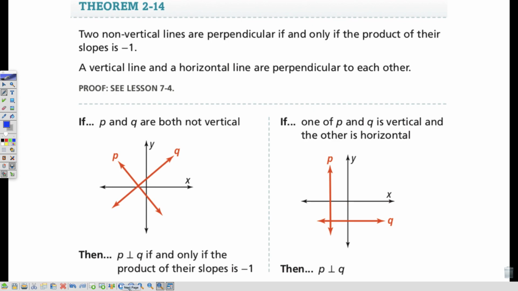Okay, perpendicular lines. Perpendicular lines meet at what kind of an angle? A 90-degree angle, so you can put that on your picture. And this is your first statement: two non-vertical lines are perpendicular if and only if the product of their slopes is -1.